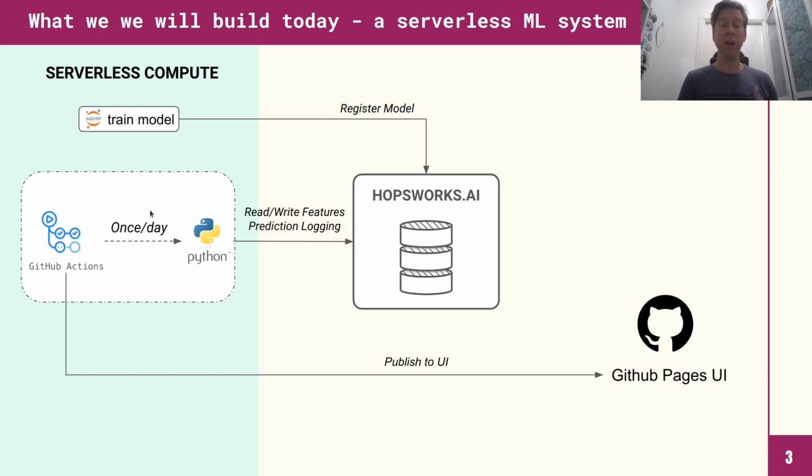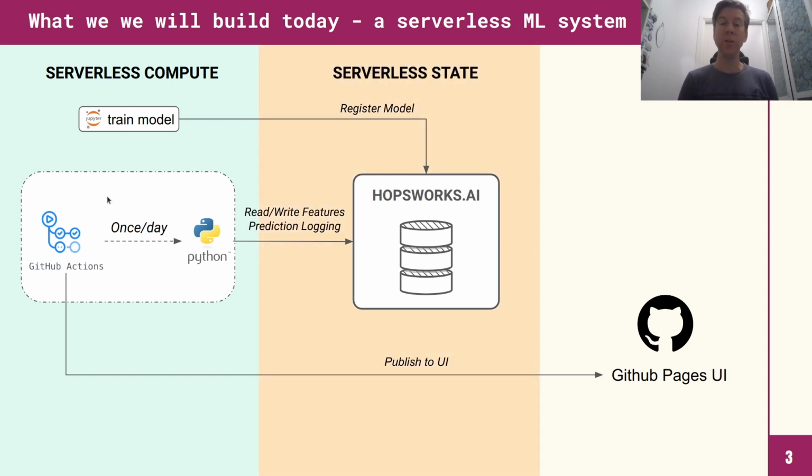And they'll need to run at a certain frequency or cadence, so once a day. But the training of models, we don't need to do it once a day necessarily. You typically would train a model when you need to train a new model because maybe your model has decayed. And you can do that from a notebook, a Colab notebook or Jupyter. And this is the compute that we'll have in this serverless system.